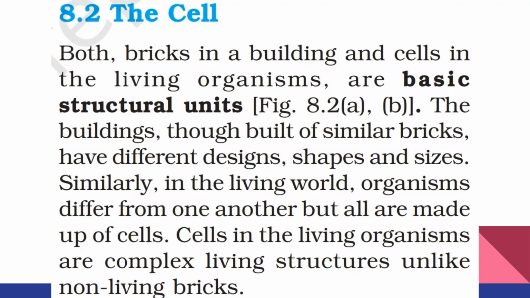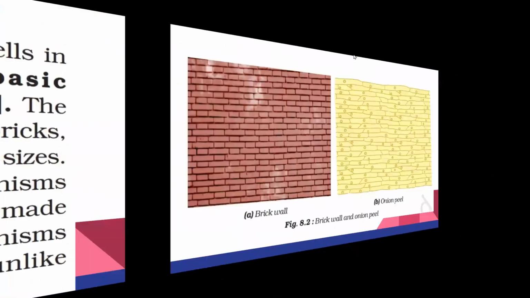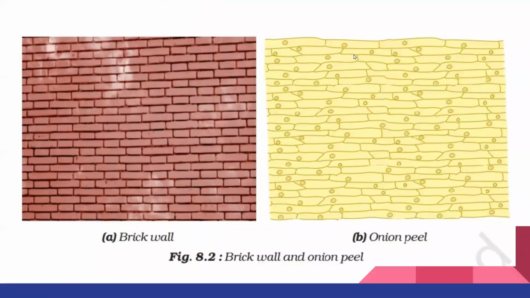But the cells of living organisms have very complex structures, unlike a non-living thing, the brick. Now we will compare the brick wall and the onion peel. The onion cells picture is the yellow one, and this reddish one is the brick wall, which is made by the mason.